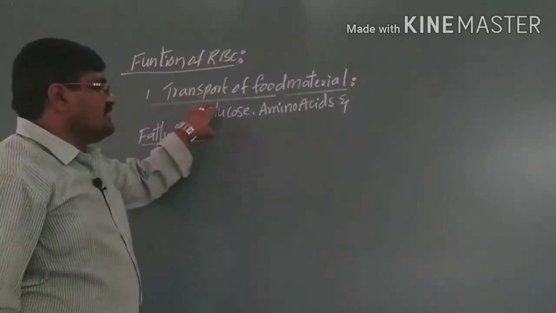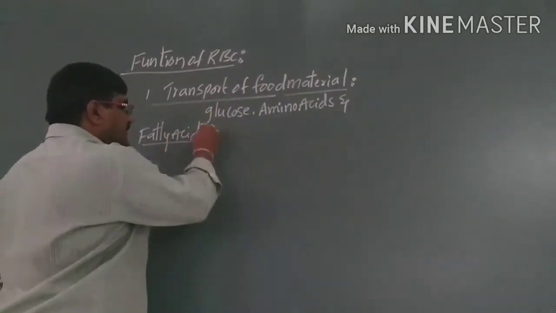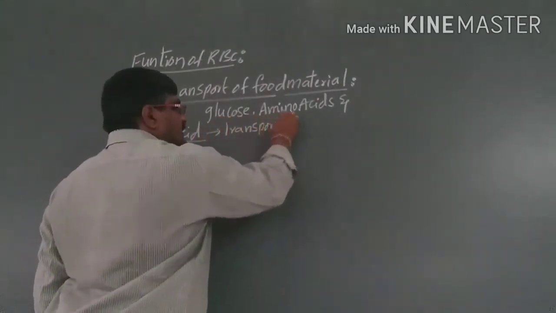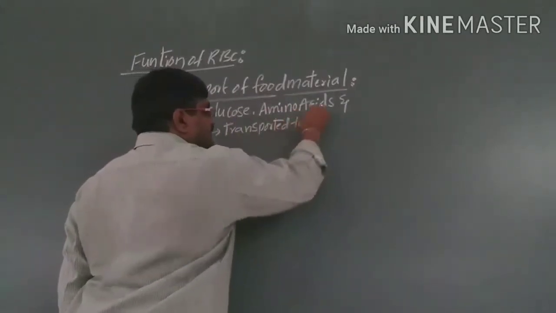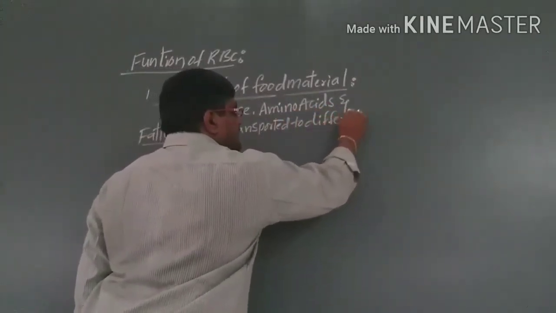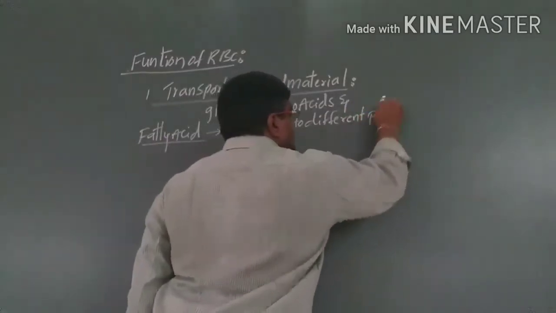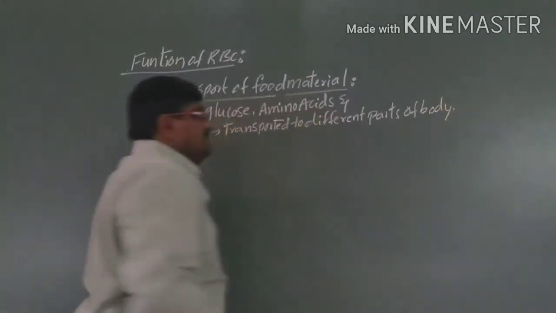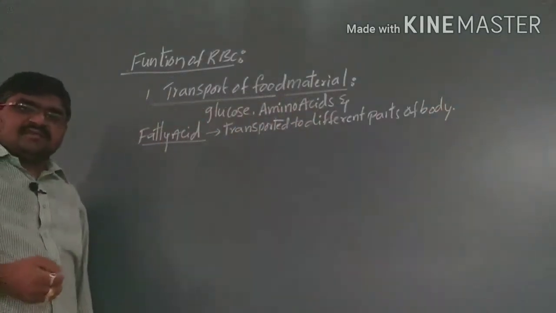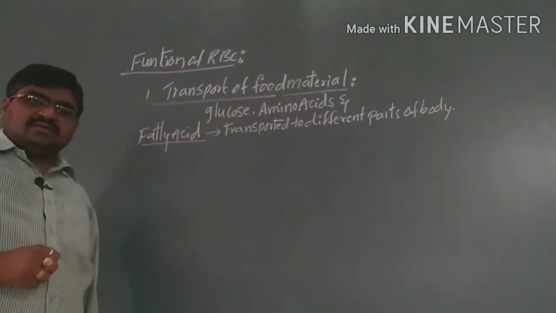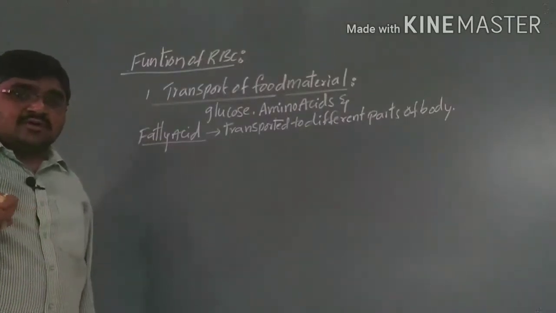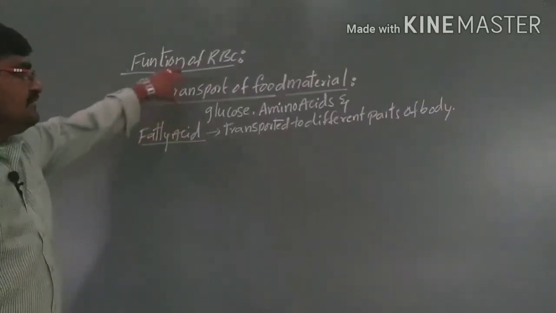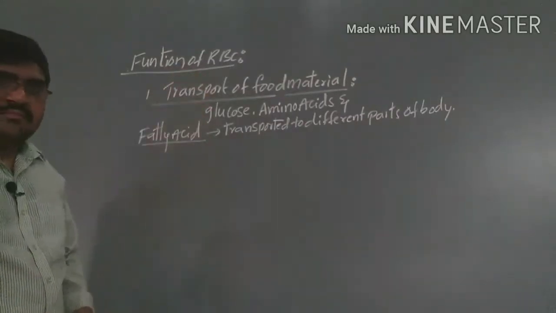These are transported to different parts of the body by the blood. That means the red blood cells will transport the food materials to different parts of the body.